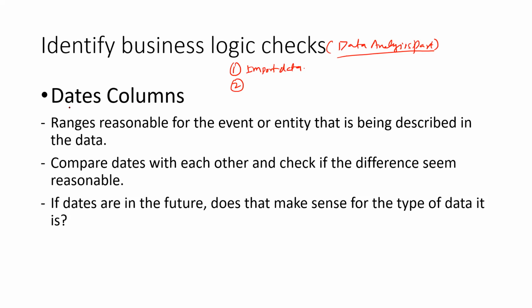Then the second step: check all the date fields. Are the ranges reasonable for the event or entity being described in the data? Compare dates with each other and check if there is a significant difference or not. Or even if my data is in a future date, does it make sense for the type of data it is?